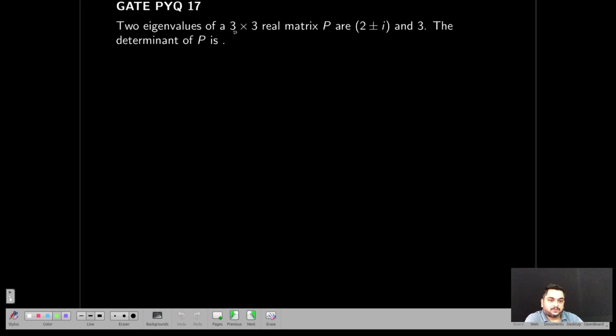Two eigenvalues of a 3 cross 3 real matrix are 2 plus or minus i, where i is an imaginary number, and 3. So why are they mentioning 2 here? Because 2 plus or minus i is called a conjugate in complex numbers. They are conjugates of each other. So what is the determinant? It's the product of the eigenvalues.